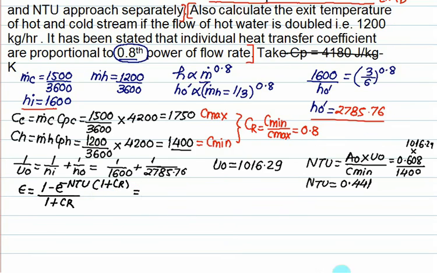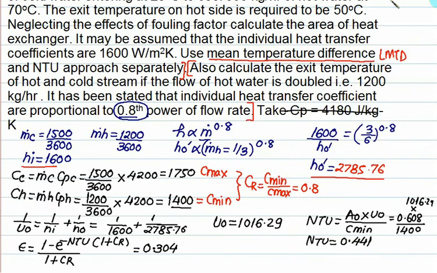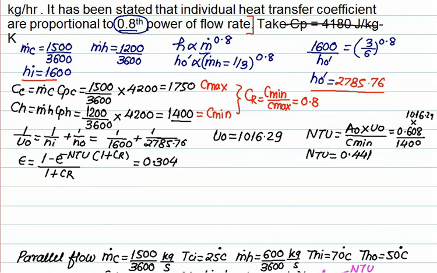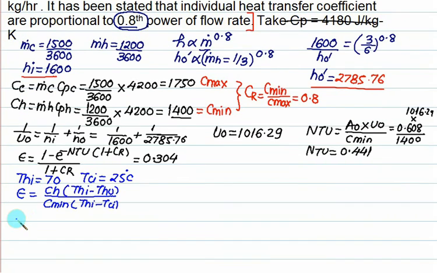We have THI equals 70 and TCI equals 25. Effectiveness is given by CH multiplied by, and we have to use the modified value of CH, that is 1400, which is the same as C minimum also, so this cancels out. 70 minus THO, we want to calculate THO for the modified data, over 70 minus 25.